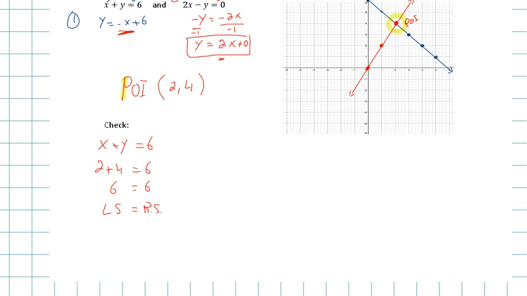I'm using my second equation, so I'm using 2x minus y equals 0. For x, I'm plugging in 2, so 2 times 2 minus 4. 2 times 2 is 4. 4 minus 4 is 0. So left side equals right side? Yeah. So my solution is checked.